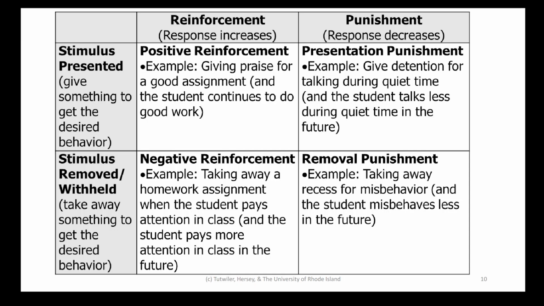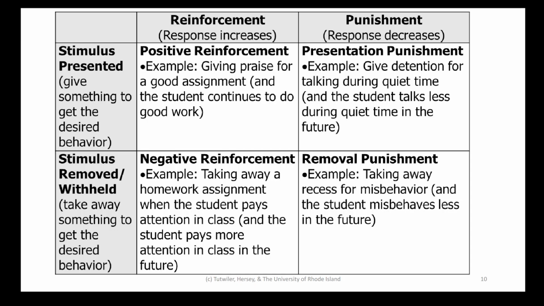When it comes to punishment, if you want the student to stop doing the thing, an example of what you might do as a positive punishment would be giving detention. You've given something to them, you've added something to them. And an example of a negative punishment would be taking something away from them, taking away recess, taking away their privilege to be the person who takes notes to the office or, you know, helps pass out the papers if the kid's really into that, right?